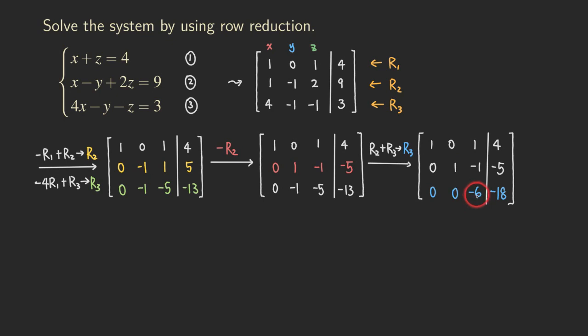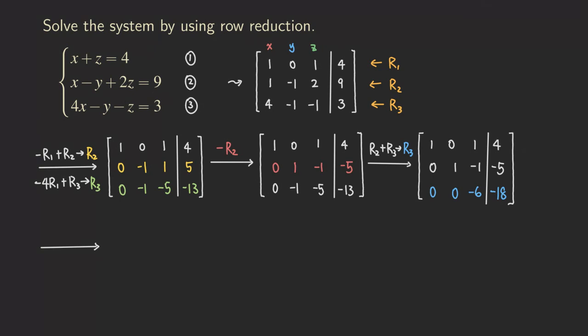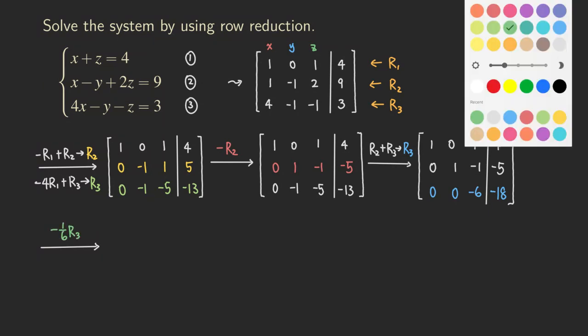Okay, so how do we do that? We multiply the row 3 by negative 1 over 6, and then we can turn it into a 1. So let's do that here, which is to just multiply this by negative 1 over 6, row 3.